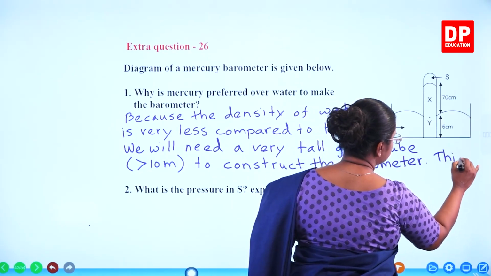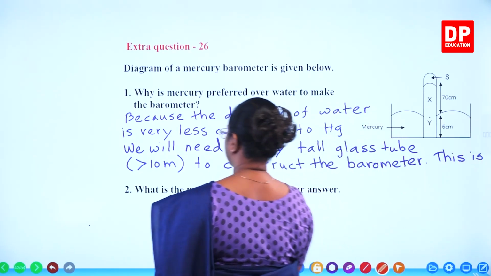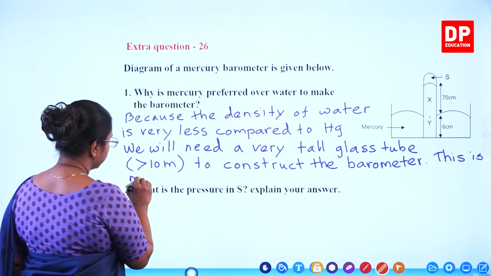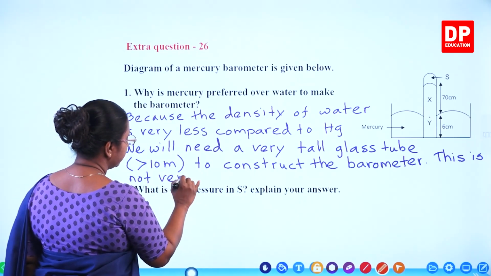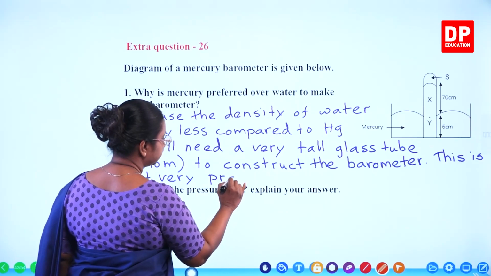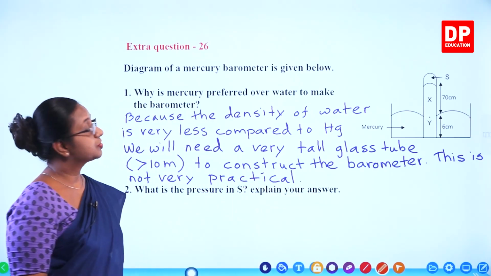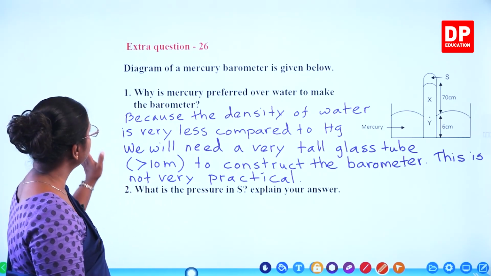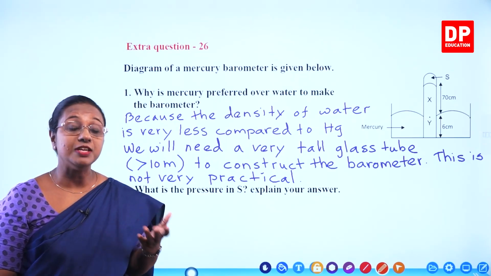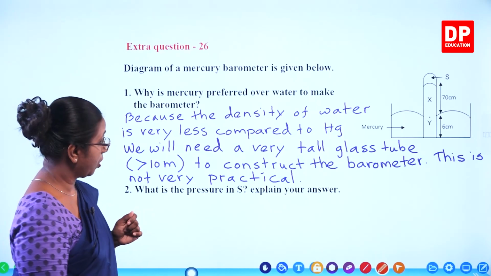This is not very practical. So, that is the reason why we use mercury over water.